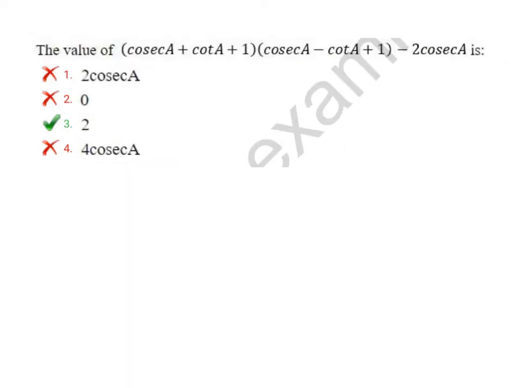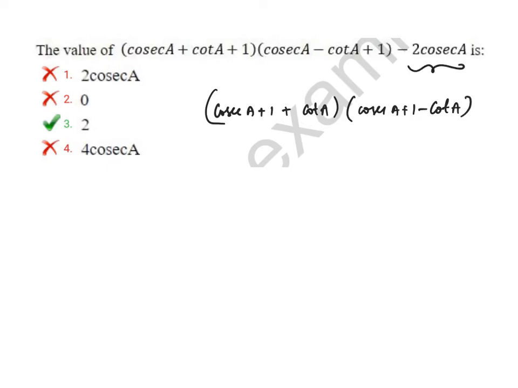The value of cosecant A plus cot A plus 1 into cosecant A minus cot A plus 1, minus 2 cosecant A. You keep the 2 cosecant A aside. I can write it as cosecant A plus 1 whole square.